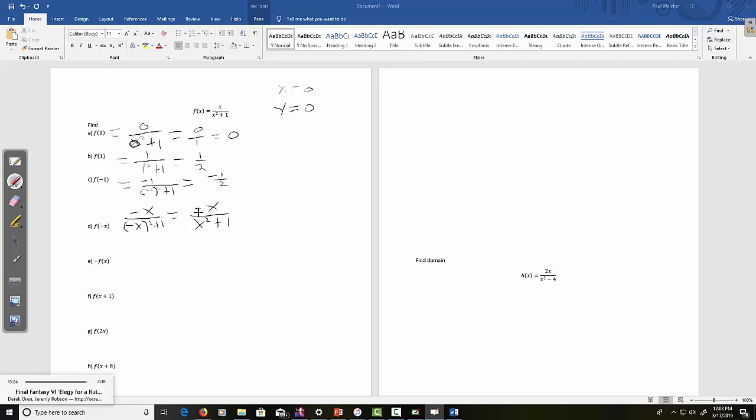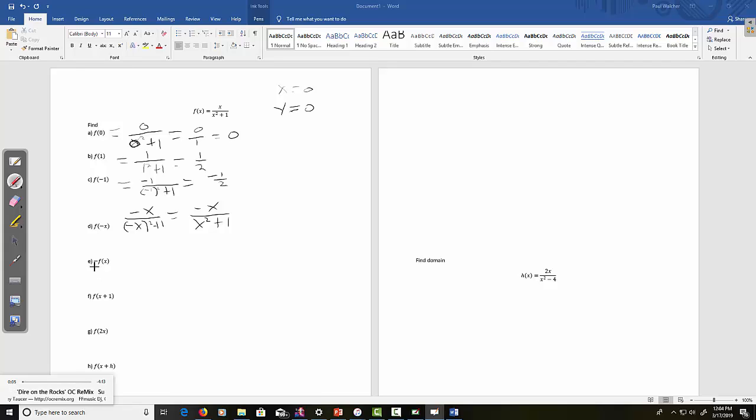Notice all that is just the opposite sign, one opposite sign on the original function. So when we got 1/2 from plugging in positive 1, when we plugged in negative 1, we just got negative 1/2. So that's the way this function works. That's not always going to be true, but this function works that way.